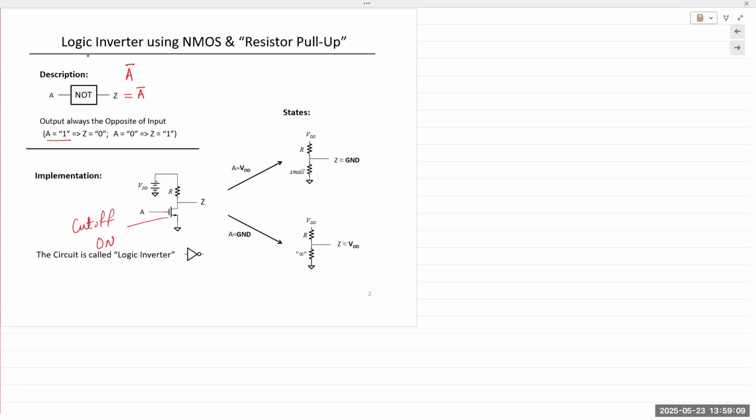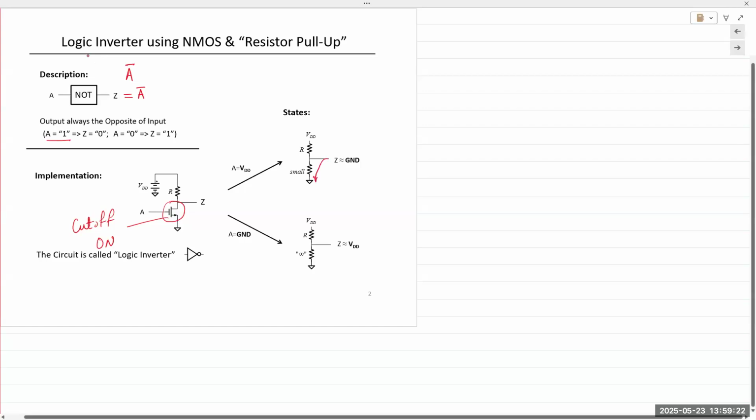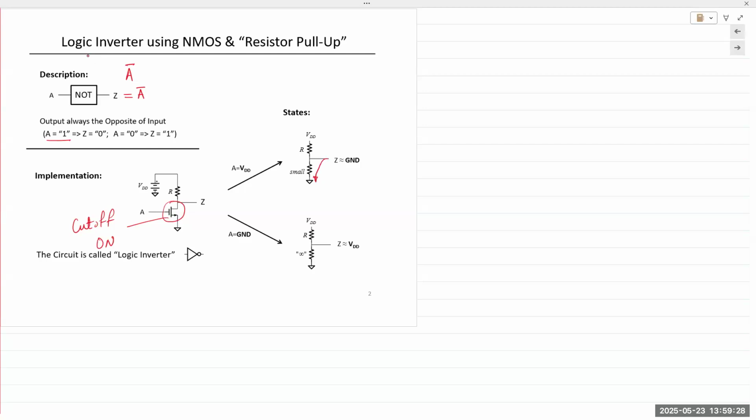Now, when we use it as a switch, if it's on, it's going to connect the output Z directly to ground. Because once it's on, the only resistance in the path of the output is the channel resistance. Current is flowing through the channel, and the channel current is not infinite.